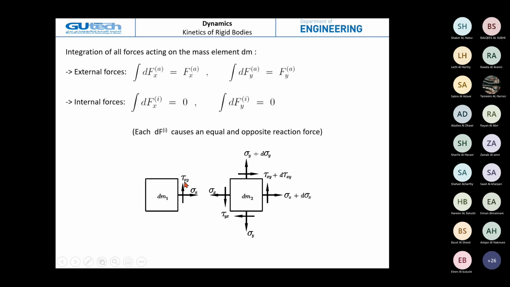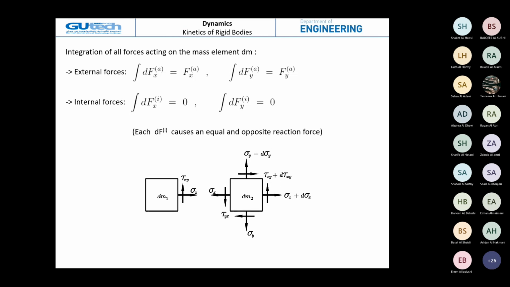At time t1, we have tau xy. This is the tangential one, or let's say shear stress or shear force. And this is the normal one, which we note by sigma. At time t2, we have t plus dt, the actual or arbitrary time.